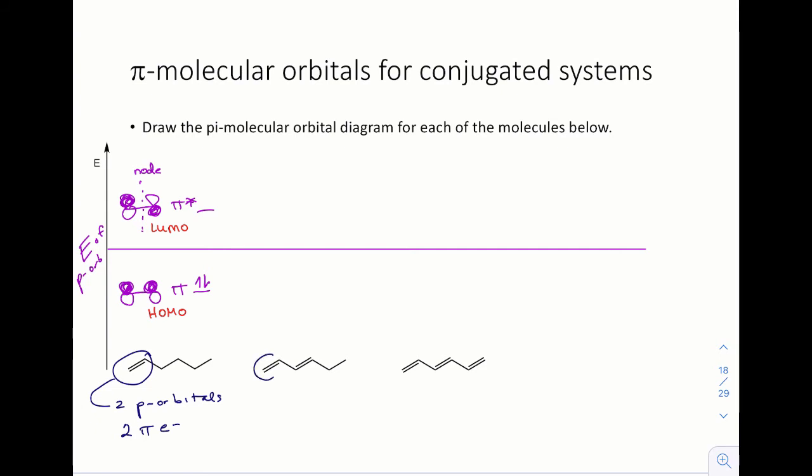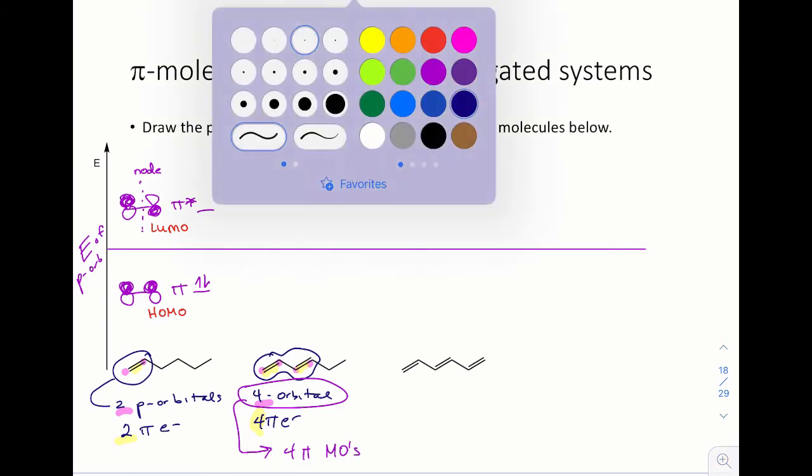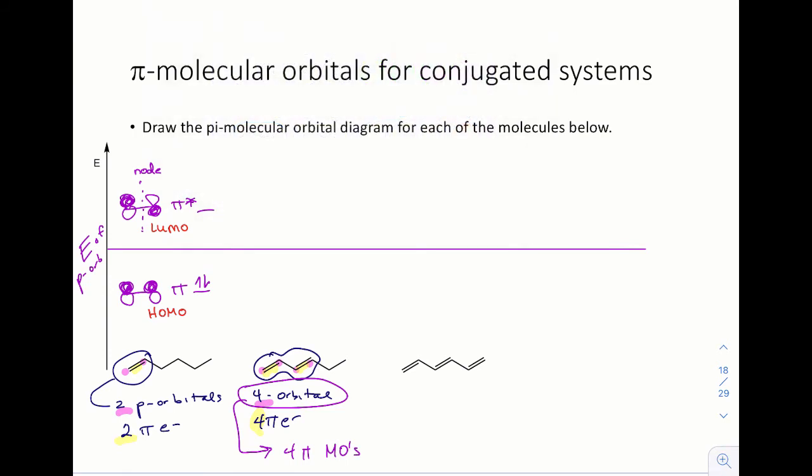Now we will look at a 4 p orbital to 4 pi electron system. 4 p orbitals combine to generate 4 pi molecular orbitals. Remember that the total number of orbitals is conserved. The lowest energy orbital will result from all 4 p orbitals combining in phase.